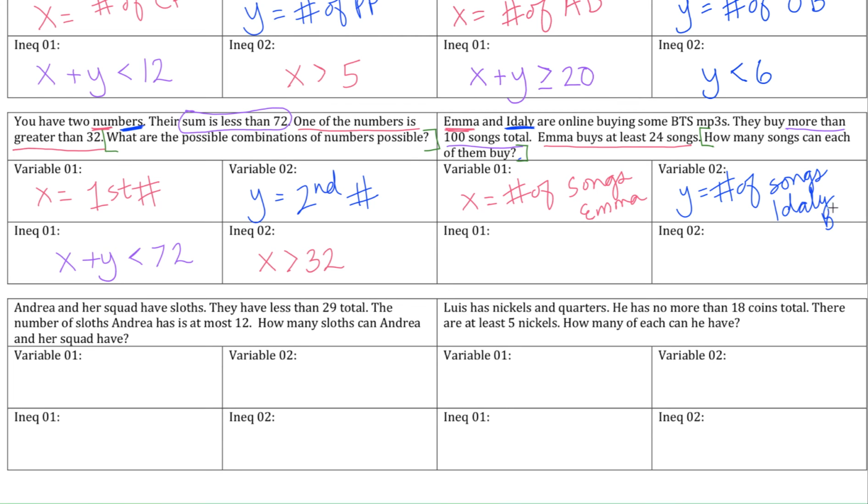And we know that together they buy more than 100 songs. And then it says Emma, whose songs we represent with X, buys at least 24. So that means she buys more than or equal to 24.